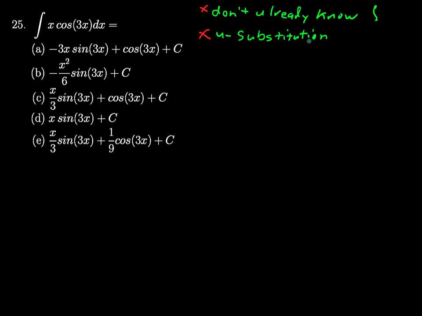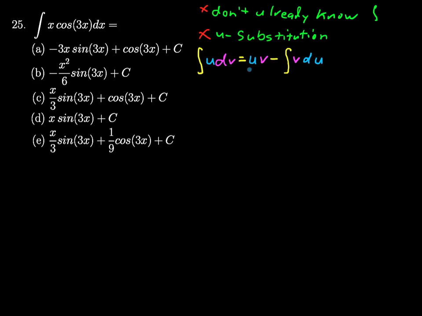So integration by parts basically says that if I have the integral of u dv, then that will equal u times v minus the integral of v du.